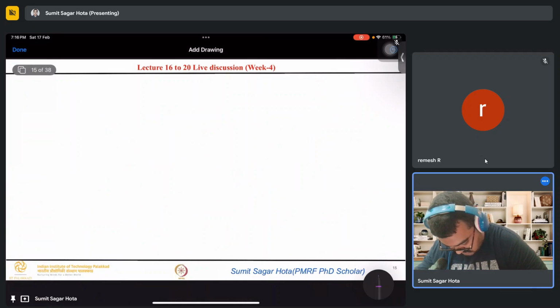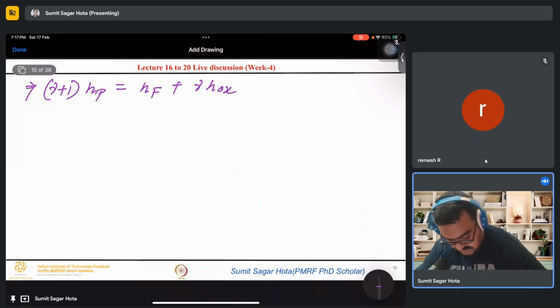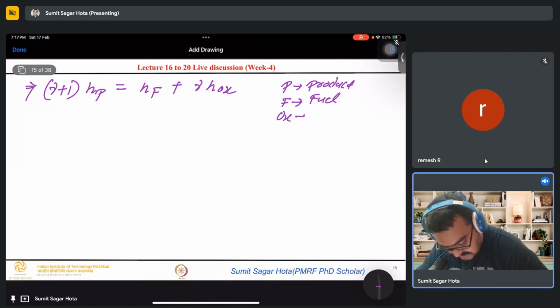That means (nu plus 1) times HP, where HP is on a per mass basis, and the mass is 1 plus nu. Enthalpy of the product equals enthalpy of the fuel times 1 plus nu times enthalpy of the oxidizer. P is product, F is fuel, OX is oxidizer.